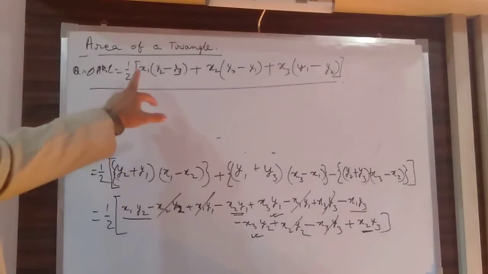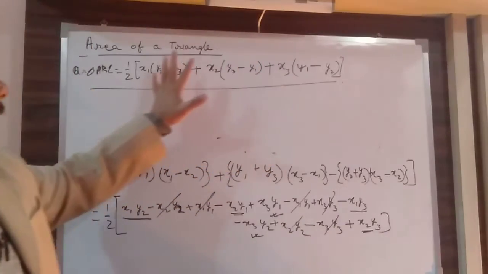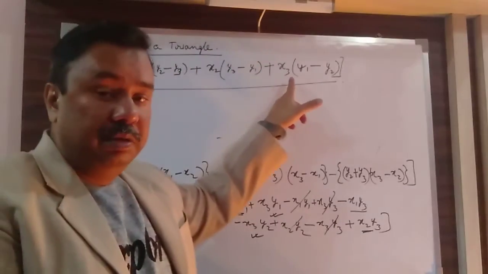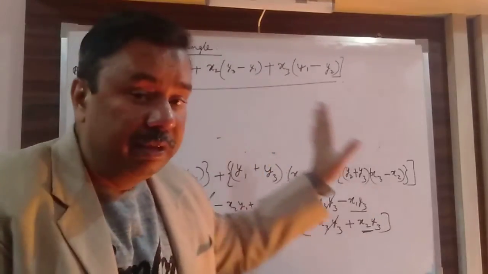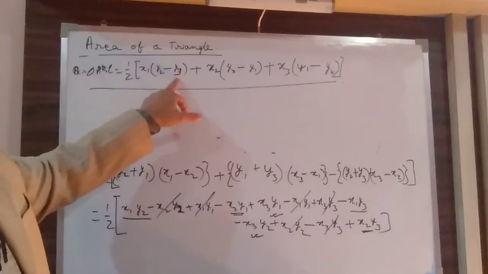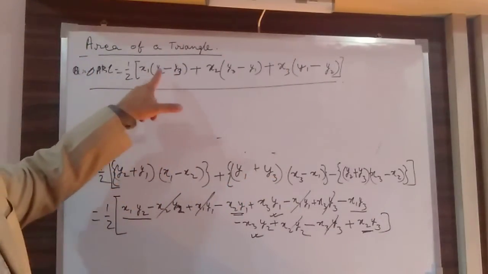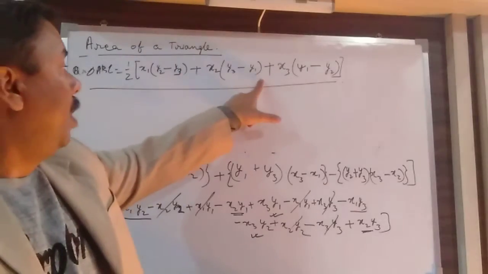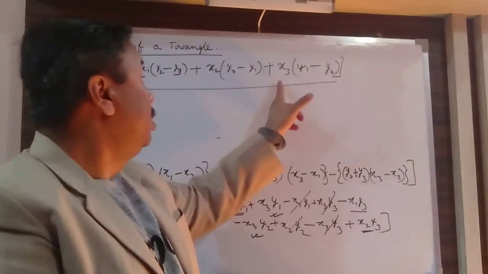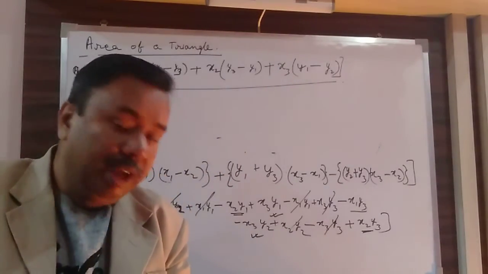In each term I have taken x coordinate on the outer side of each point respectively, starting from 1, and inside I have got y everywhere. See, 1, 2, 3. 1, 2, 3. So, is it not easy to remember the formula?